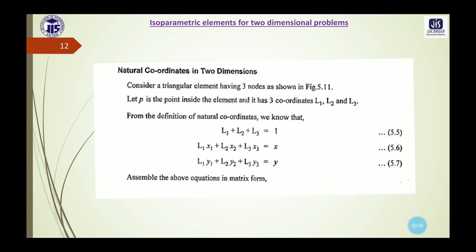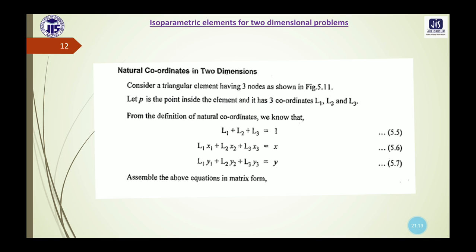And L1y1 plus L2y2 plus L3y3 equals y. These three equations we can write from the definition of the natural coordinates. This part we have also implemented for the natural coordinates in the one-dimensional derivations.